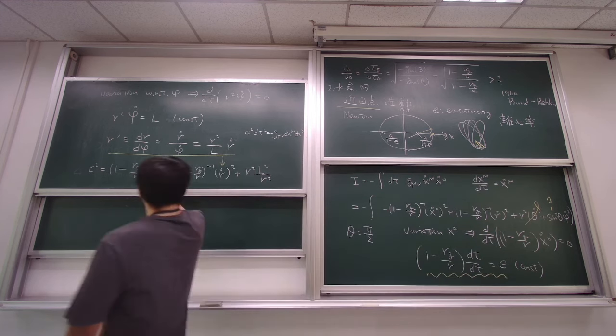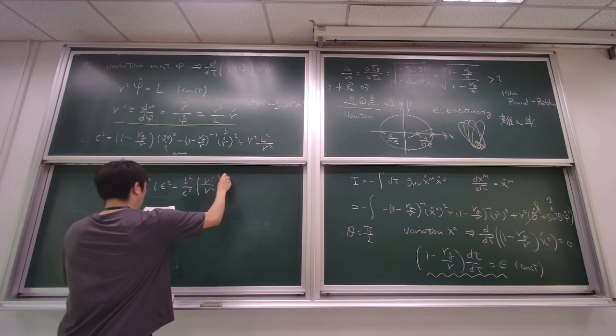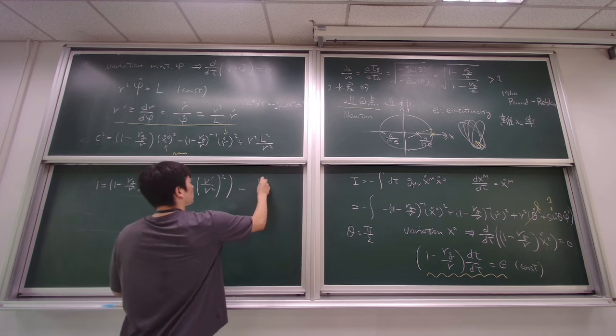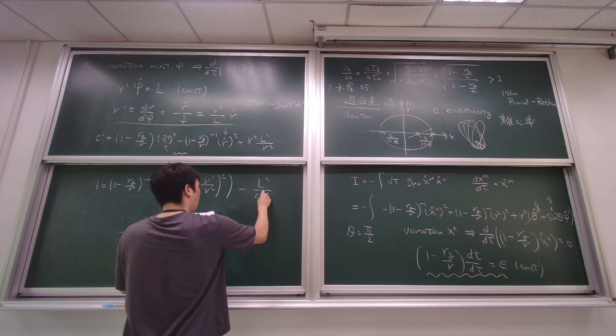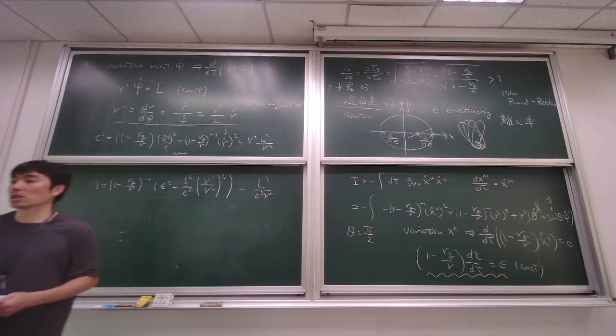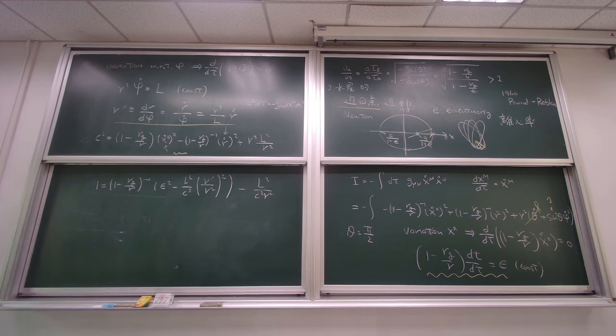Okay, and then what you obtain is as follows: 1 minus rg over r inverse, and the E squared minus L squared over c squared, r prime over r squared, minus L squared, c squared, r squared. Okay, that's what you obtain as an equation.